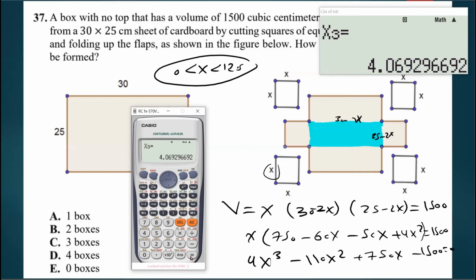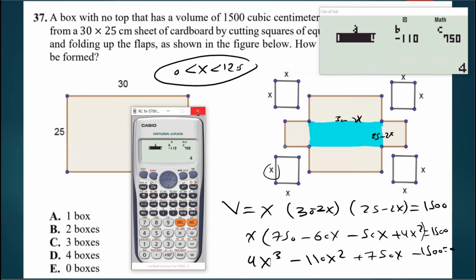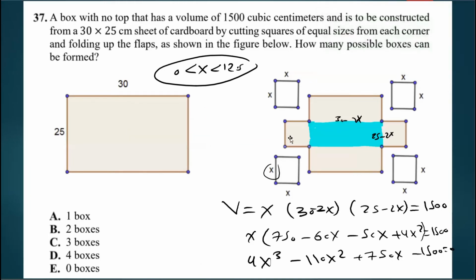There are two values now. So there are 2 solutions for this volume. So the answer should be 2 boxes can be found using this volume. Okay, so the answer is B.